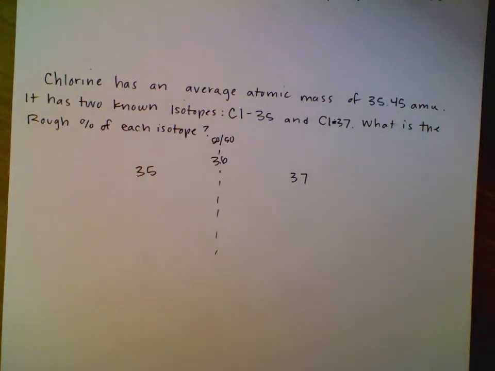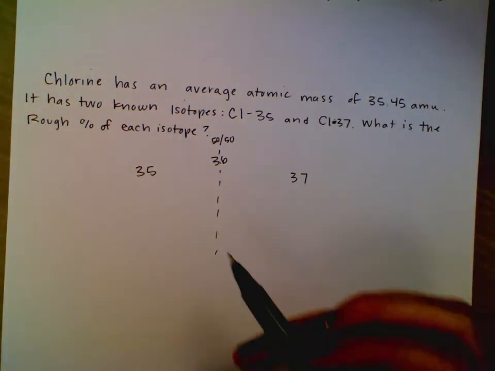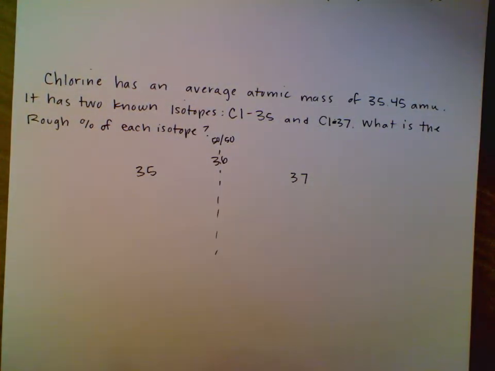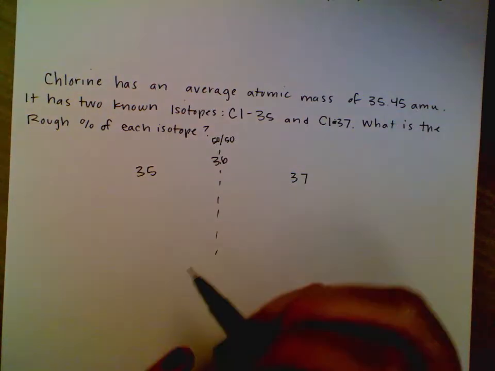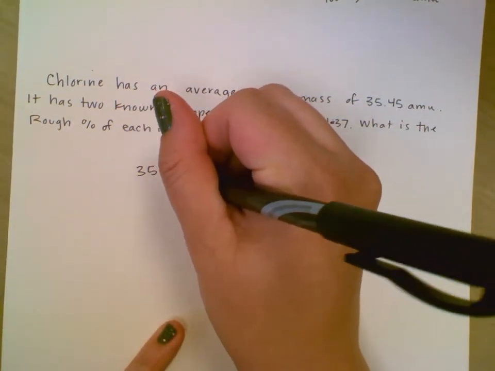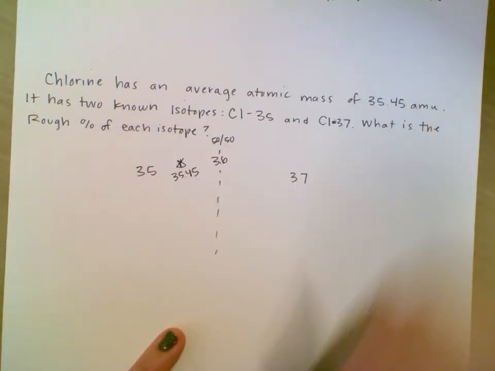Hopefully that makes sense. So what happens is anything that's not exactly 36 is favored one direction or the other. And so we know our average atomic mass is actually 35.45. Okay. This is what we know the average atomic mass to be.